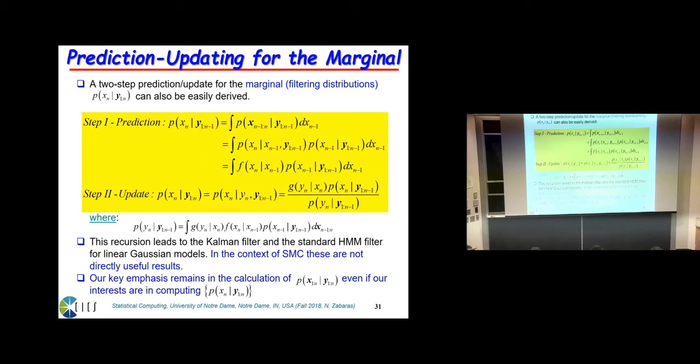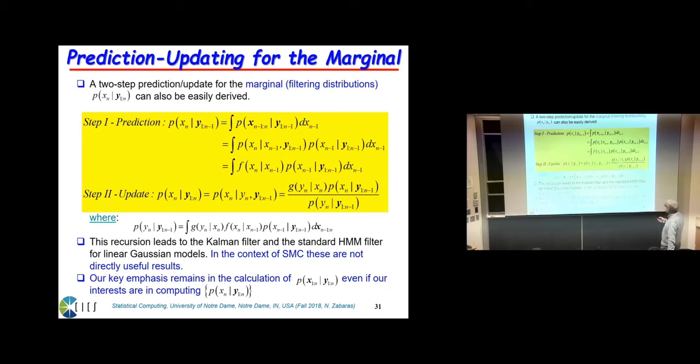So this distribution, so you know the names, okay, it's a marginal posterior, but in the literature, it's called the filtering distribution. Okay, it's very important to remember the name. So filtering means you basically compute the state given all the data up to time n.